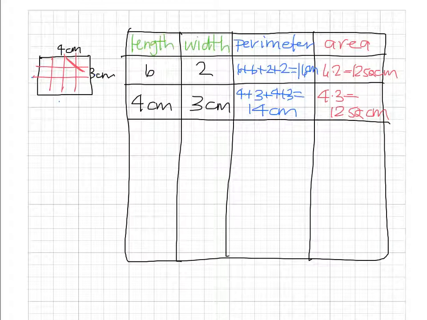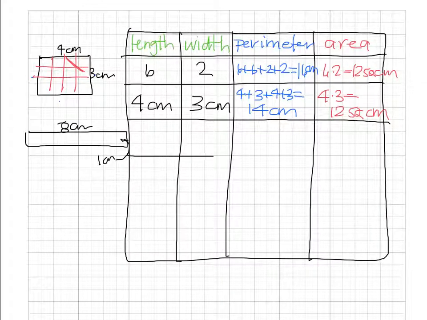Now, let's do a couple more. Let's take a rectangle and let's say this is 1 by 8, and this is 1 right here. So 1 centimeter by 8 centimeters. So our length, again, length for me is going to be the long one, 8 centimeters, and our width is 1 centimeter. Now, to determine perimeter, remember, it's the distance we would walk around the outside.